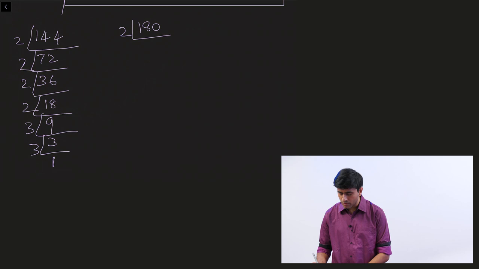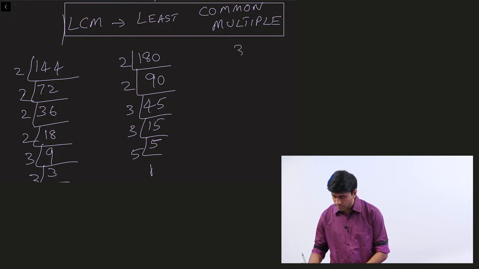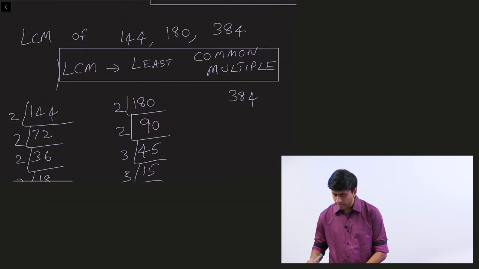By now you should be good at doing divisions. 2 90s are, 2 45s are, 3 15s are, 3 5s are, 5 1s are. The next number is 384.